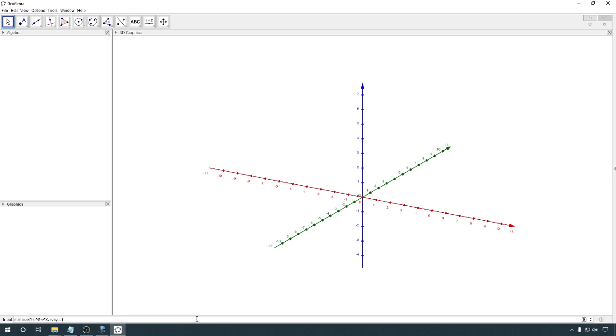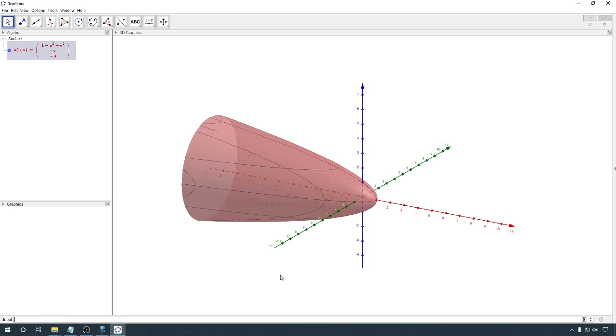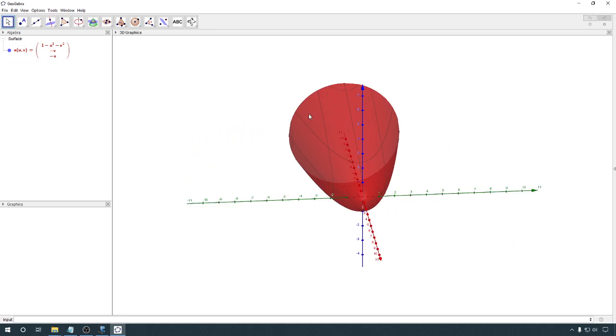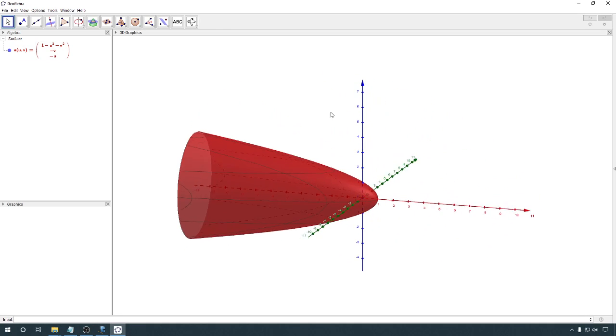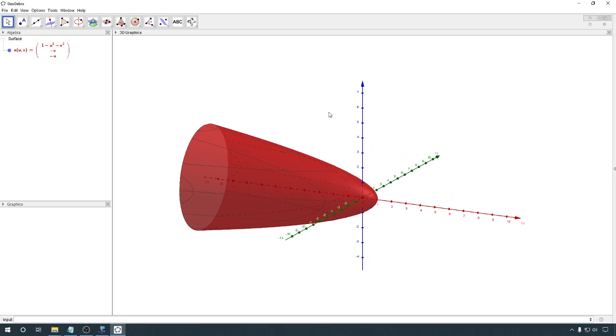There's no issue with our particular equations here. These functions actually do have domain everything, so I'm just going to go from -10 to 10. That'll actually send it off the screen, so we don't have to worry about where the edge of our surface actually is. V is also going to go from -10 to 10, and we have this shape here. In fact, it is actually a paraboloid.